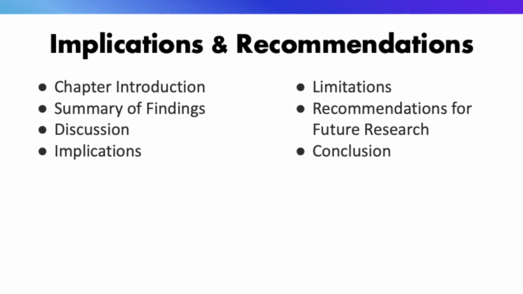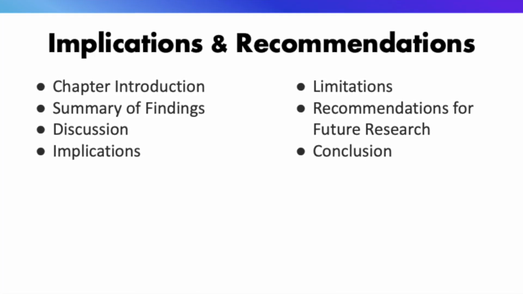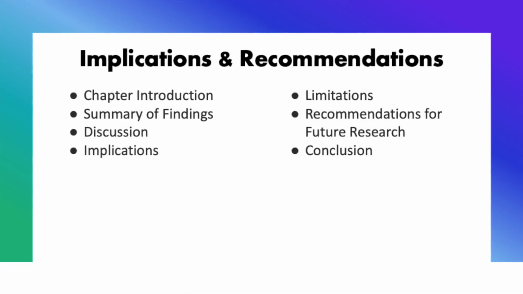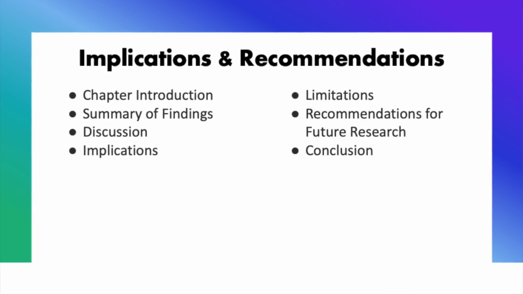You're also going to include a section with the implications of your study. Going back to chapter 1, remember the significance of your study. These implications will feed into that significance, right? So what are some of those implications? What were the limitations of your study?